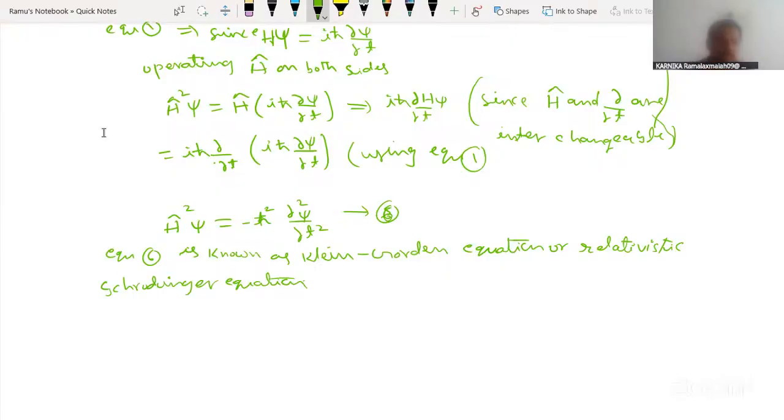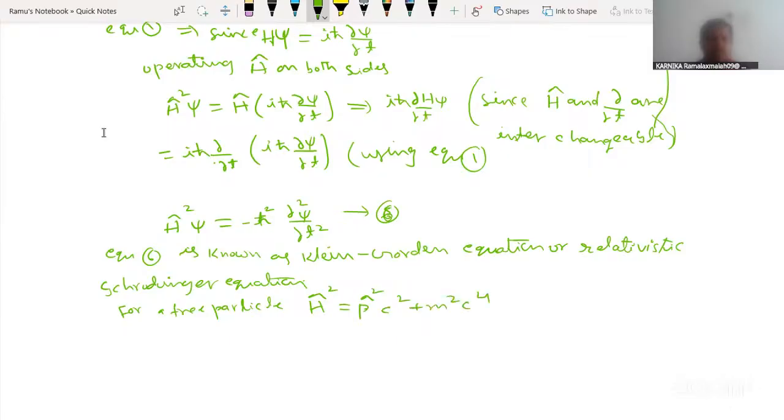That is, the equation simplifies for a free particle, that is H² = p²c² + m²c⁴.